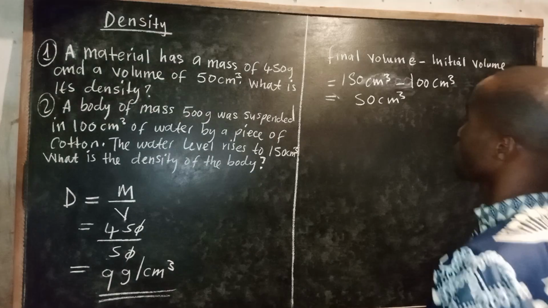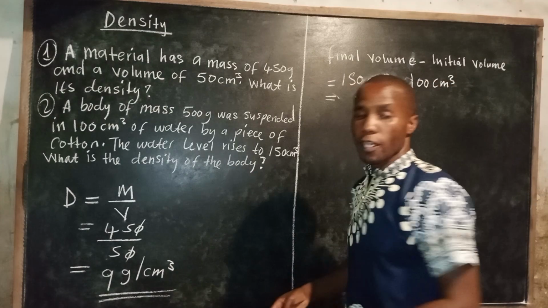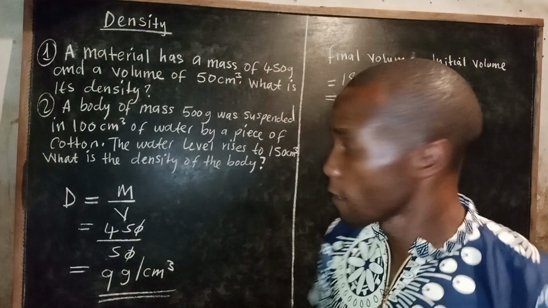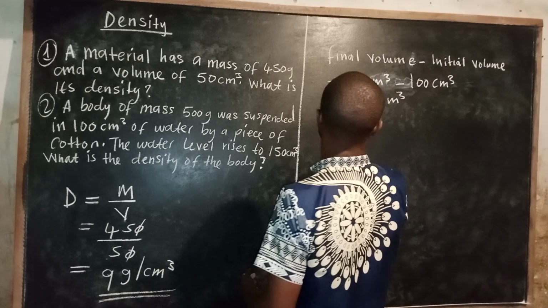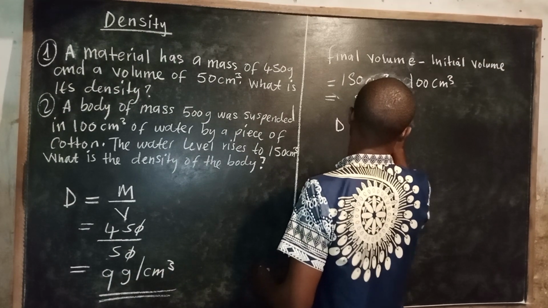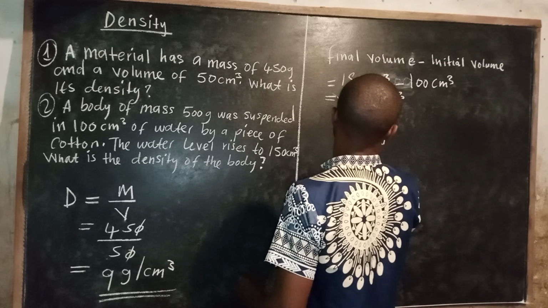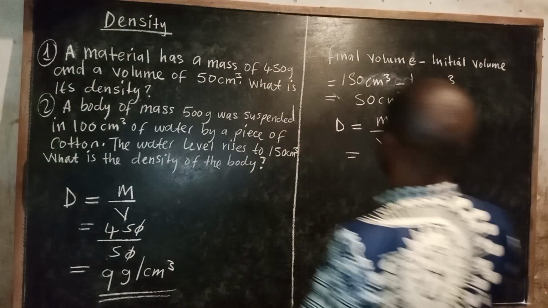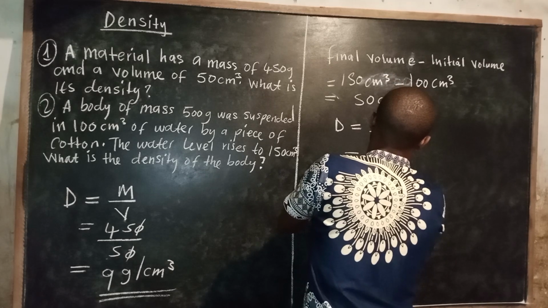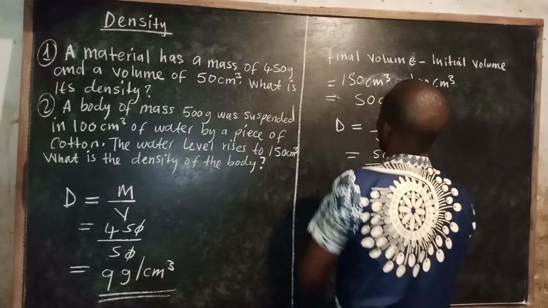Now that we have found the volume of this body, it is very easy for us to find the density. So density, as usual, is mass over volume. What is our mass? Mass is 500 grams. Then over, what is our volume?